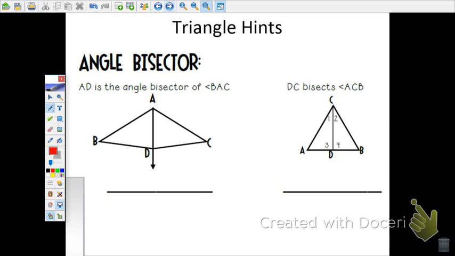So angle BAC is up here at the top, which means that angle has been cut into 2 congruent parts. You can put just the arcs on it. You'll notice sometimes in the book you see that they'll do an arc and a tick mark. It's just another way to show it.